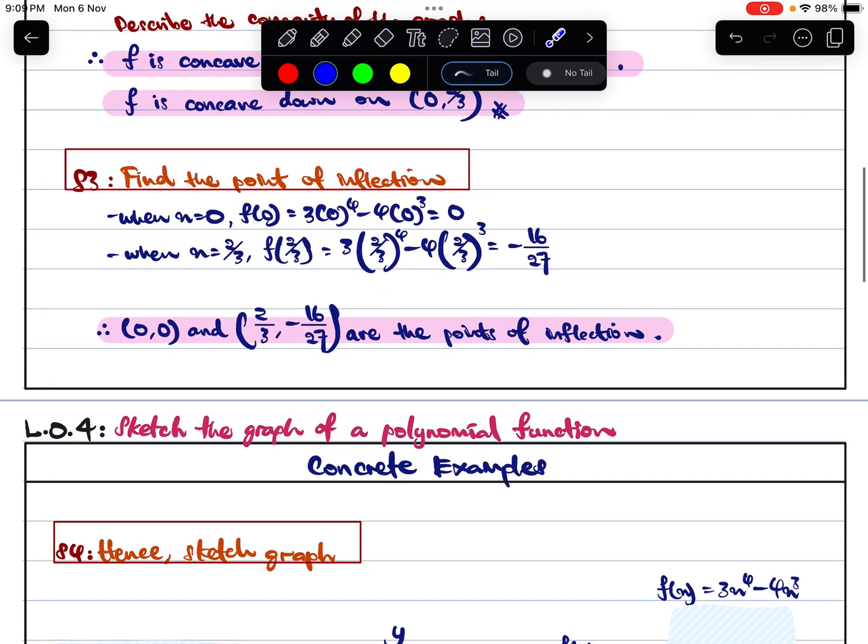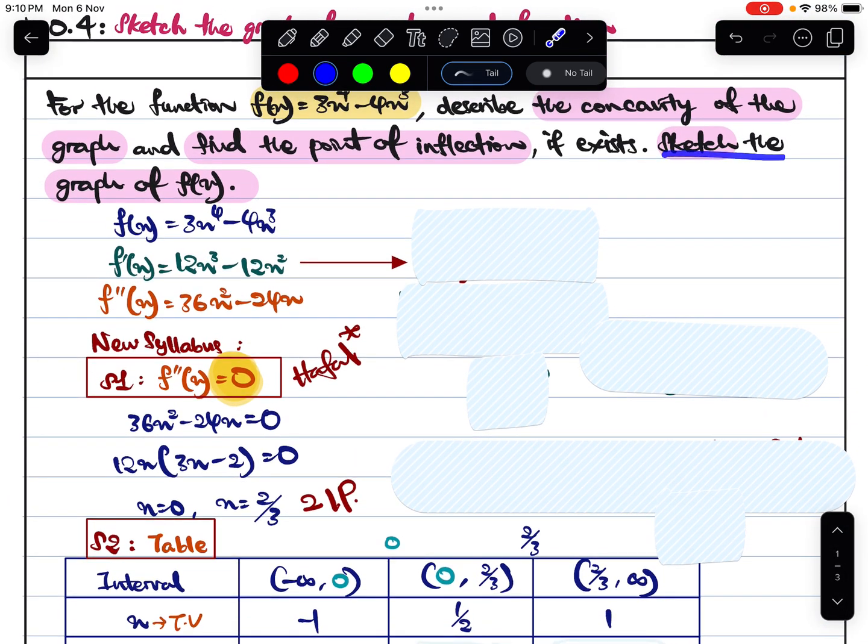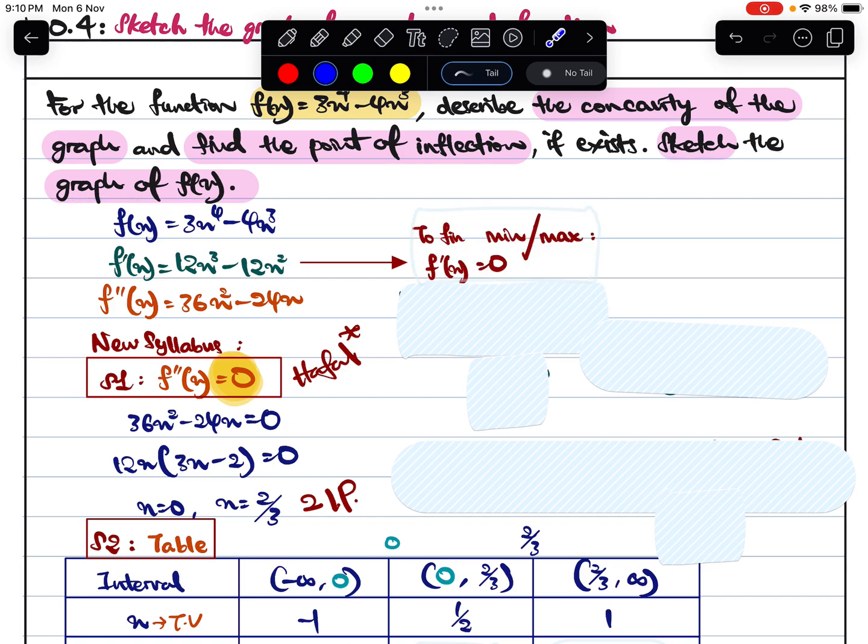Okay, and of course the last part is sketching the graph. This will be our final goal, which is to sketch the graph. So in order to sketch the graph, please remember we will need to find its minimum or maximum point.